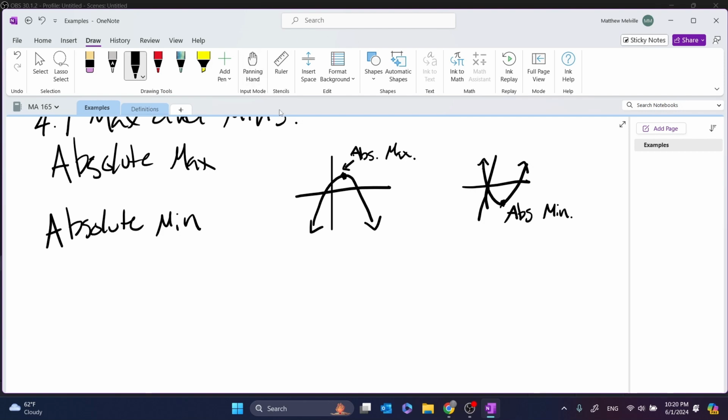So if I look at this graph right here, I have an absolute maximum value, but then the values here as x goes to negative infinity and x goes to positive infinity are negative infinity. There's no absolute minimum.